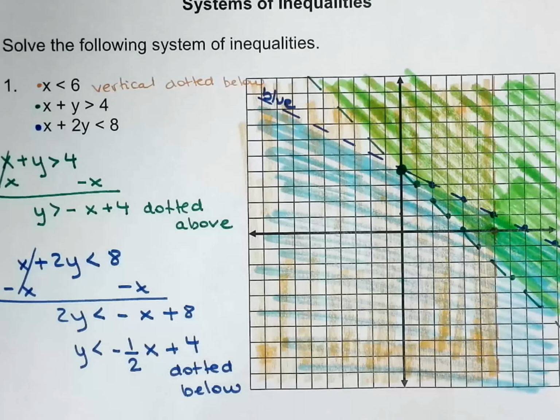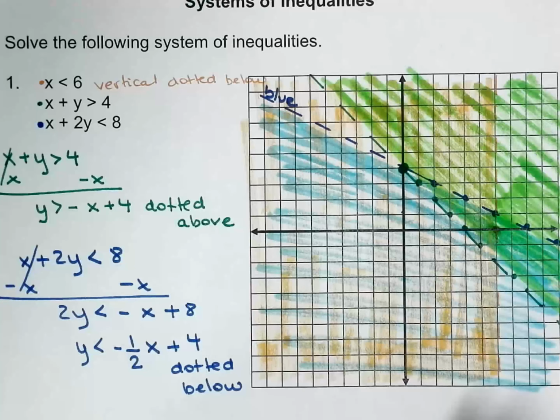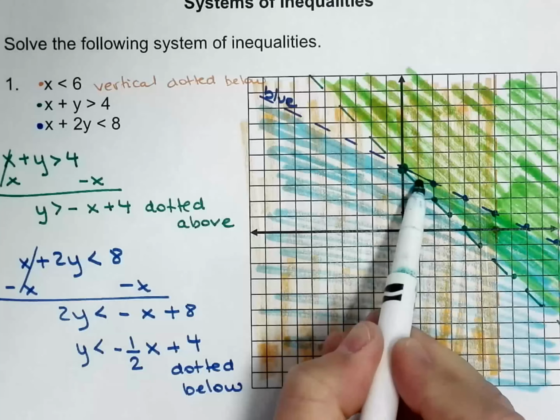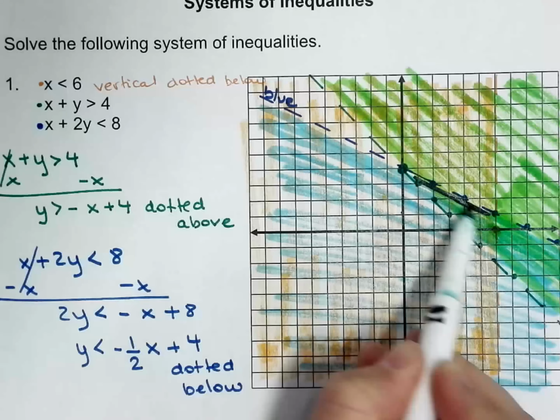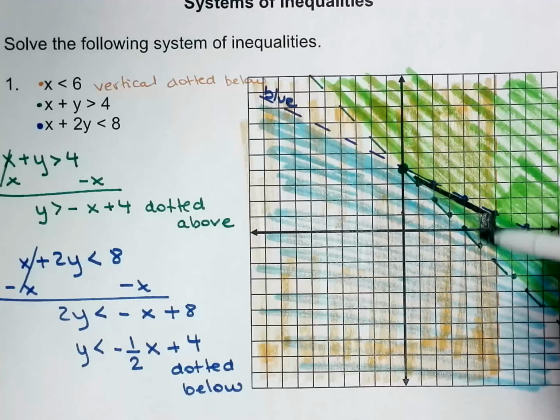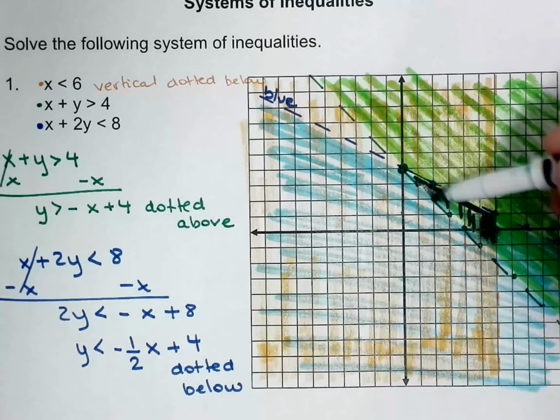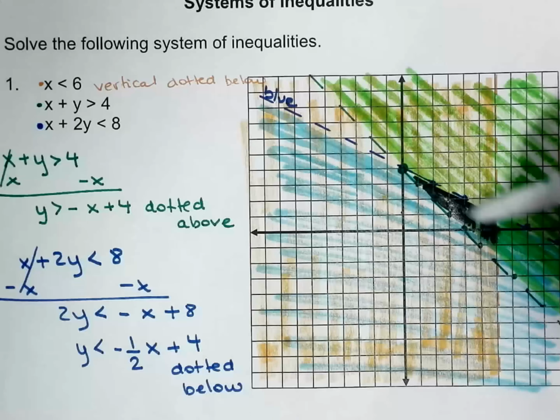So the answer or the solution to this system of inequalities right here is the area where all of them intersect. All of them overlap right there. You can tell that it's darker than everything. So that right there, that's going to be your solution to your system.